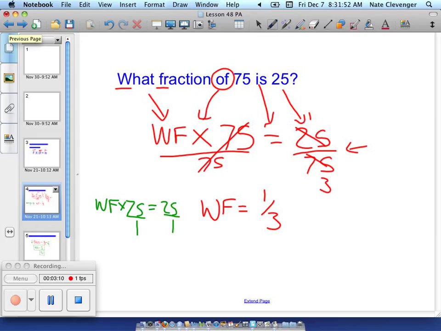Could we have multiplied by the reciprocal of 75 over 1? Yes, we could have multiplied both sides by that and had 1 over 75. You still get 25 over 75, and that would reduce to 1/3. So if you are someone that would like to be able to do it the same way every time, then write those whole numbers as fractions over 1 and multiply by the reciprocal.